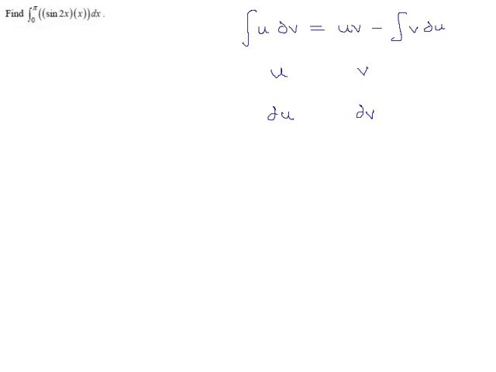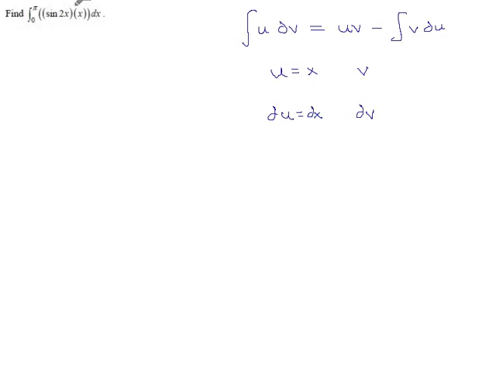So my pick here, because we want a u that gets simpler when it's differentiated, I like this x for my u, because when you differentiate it, it pretty much vanishes, leaving nothing except a dx. That's what you want to happen when you're doing an integration by parts.